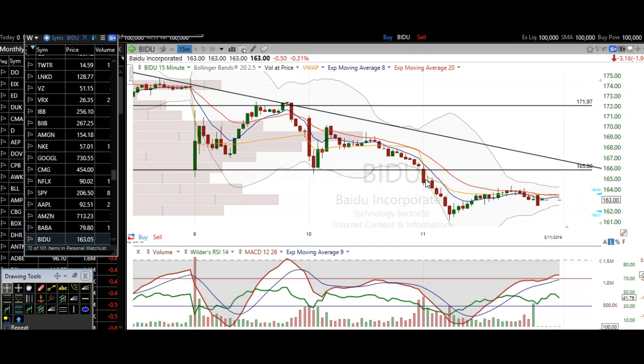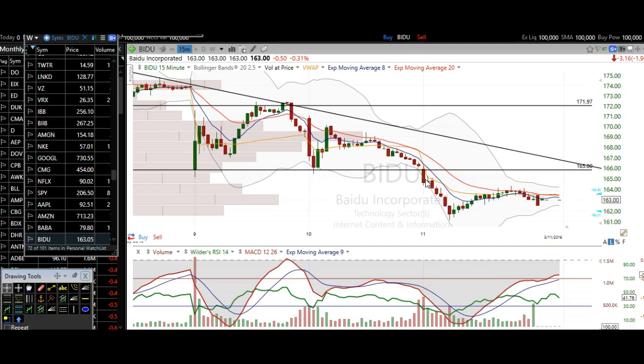We noted that the daily average range of BIDU for the last 3 to 14 days has been $5 to $6. Okay, and why that's important is because you don't want to be betting that BIDU is going to be going down $10 or $12 when it never really does that.